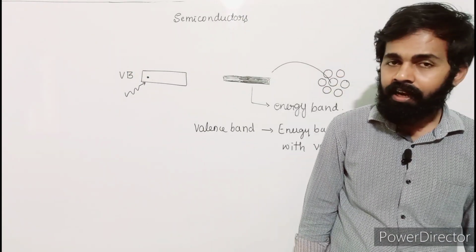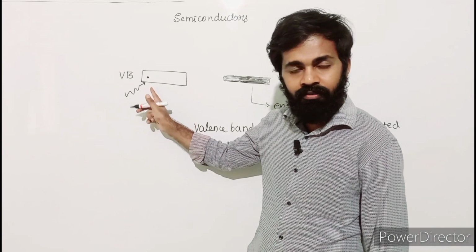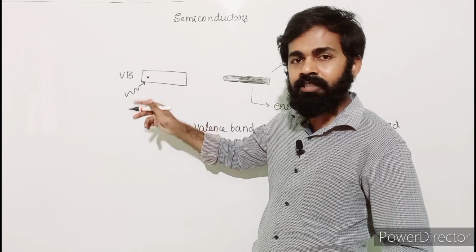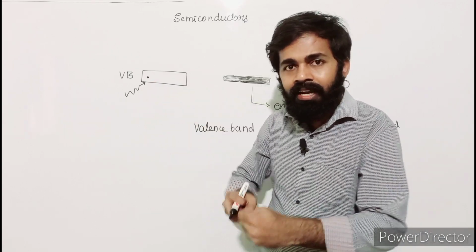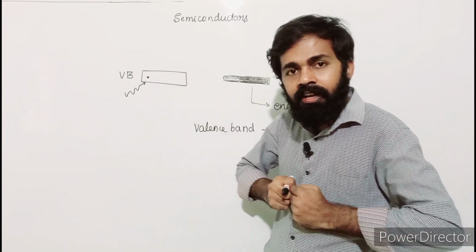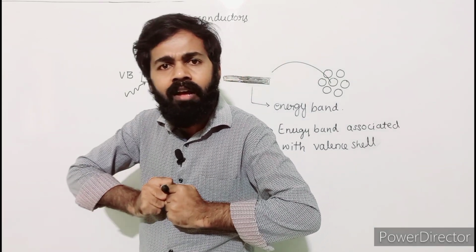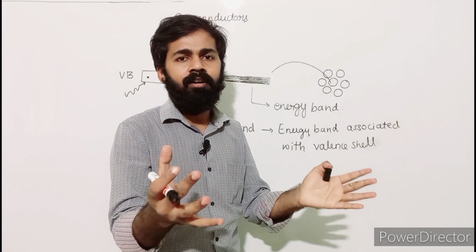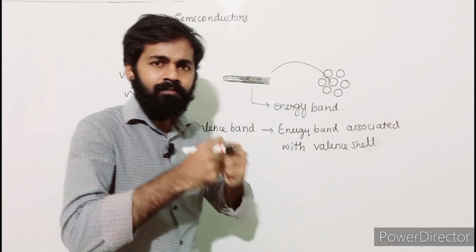If I supply sufficient energy, this electron which is bound to the atom gets energy and comes out of the atom system. It becomes free.